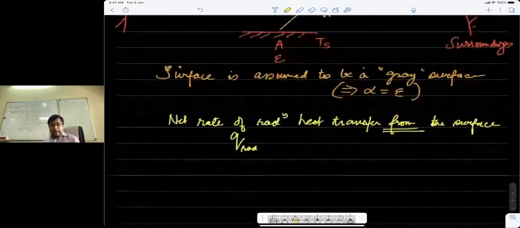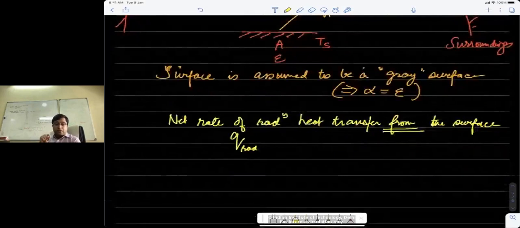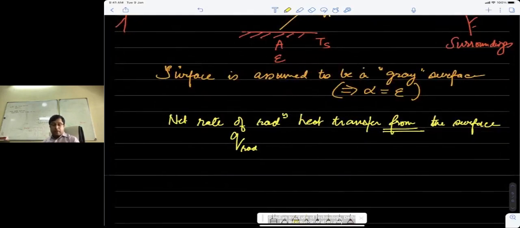So the net rate of radiation heat transfer from this surface to the surroundings, which I'm going to write as Q radiation from, because the surface is going to emit, and there's going to be a net rate of heat leaving from the surface.